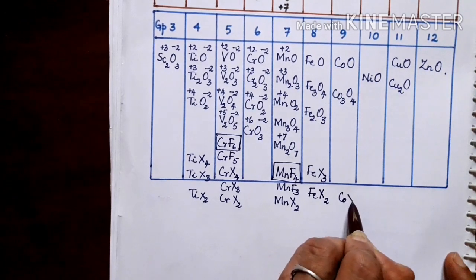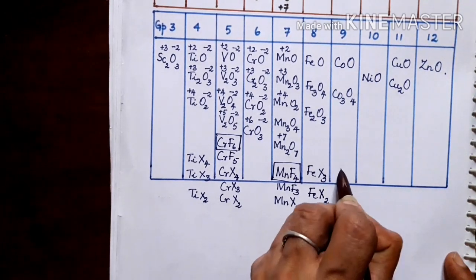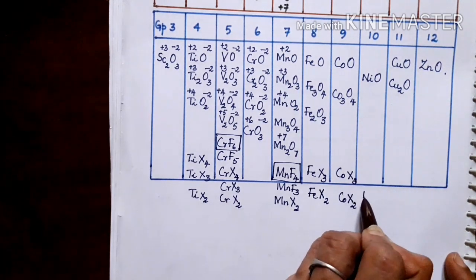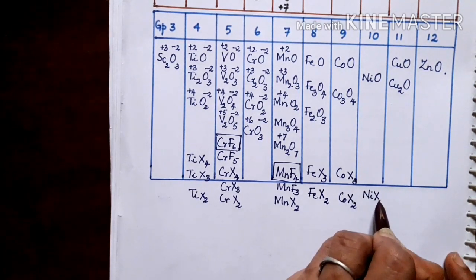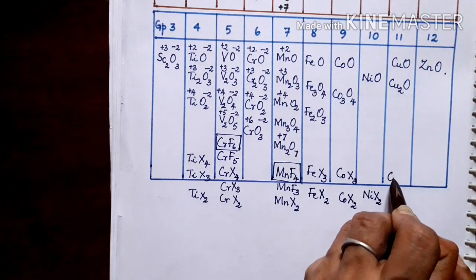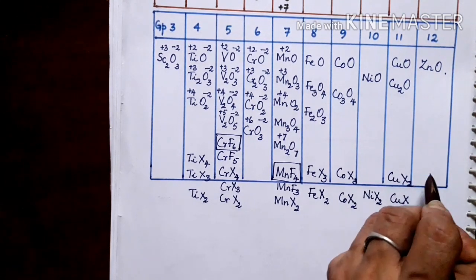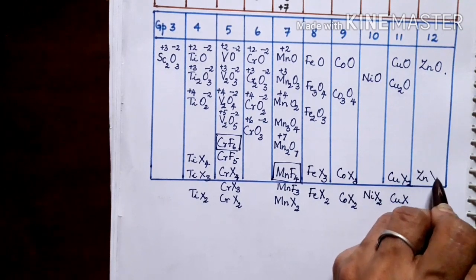Cobalt will form CoX2, CoX3. Nickel will form NiX2. Copper will form CuX2 and CuX, and zinc will form ZnX2.